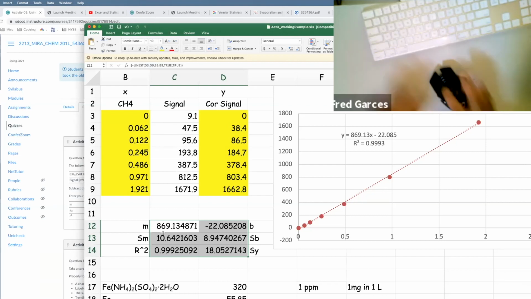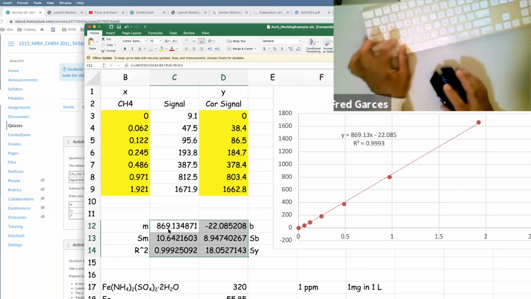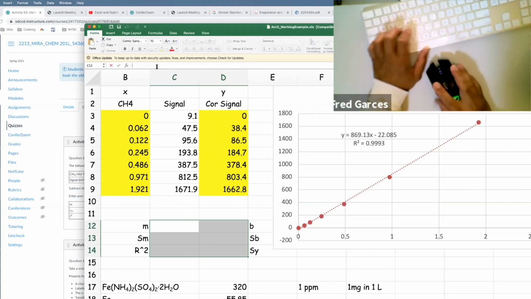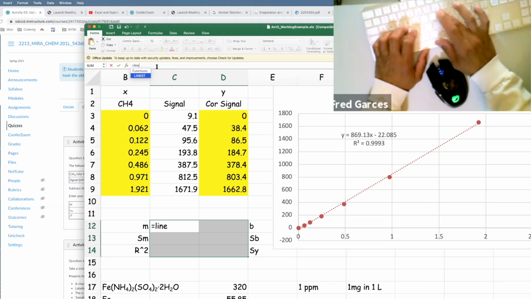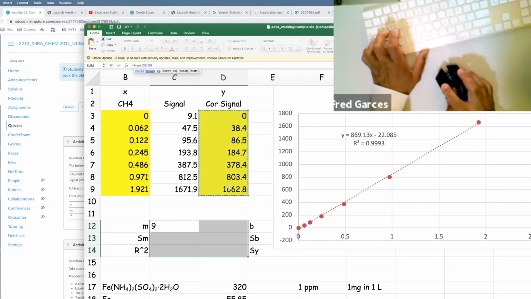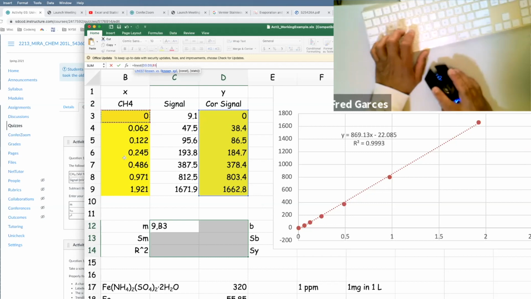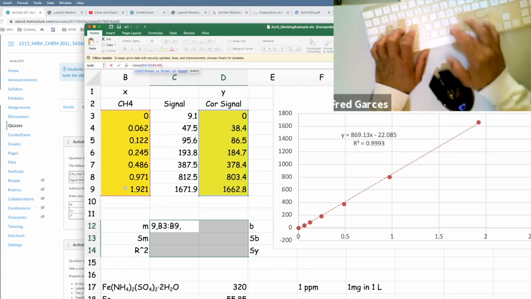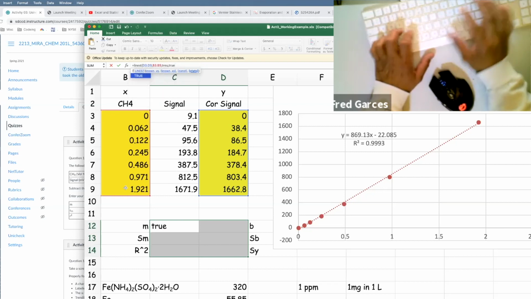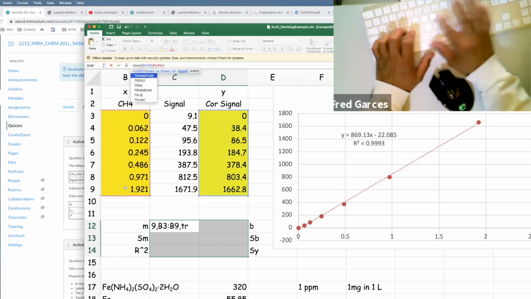So the key is to press, let me do that again. You should have in your equation bar equals LINEST, known y's, comma, known x's, comma, true, comma, true. So both are true. I've got to spell true correctly.